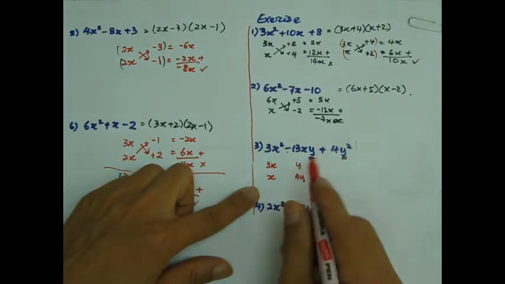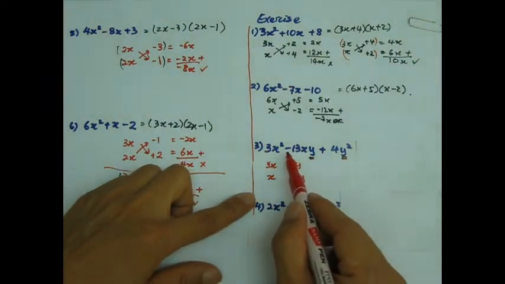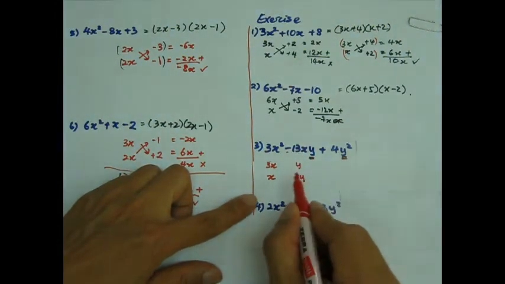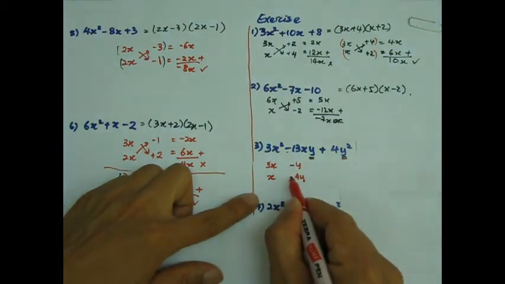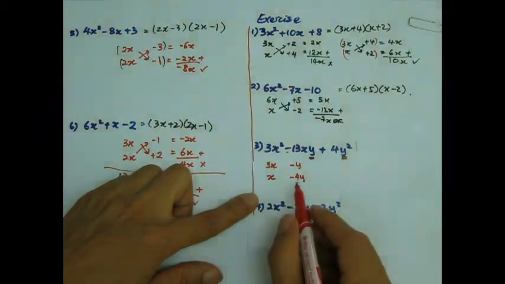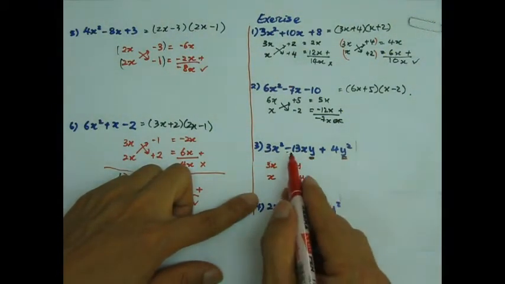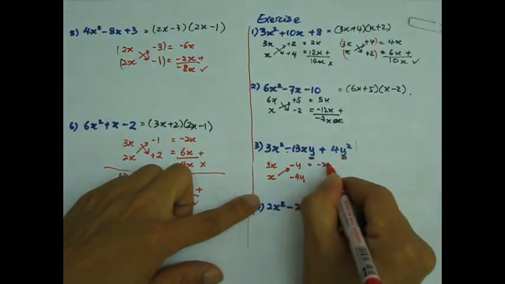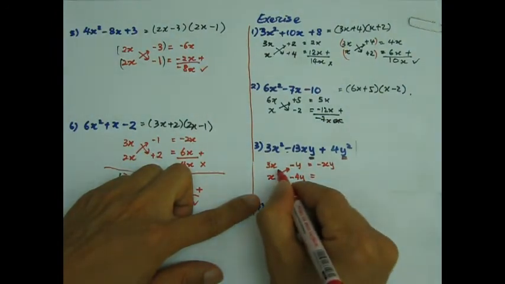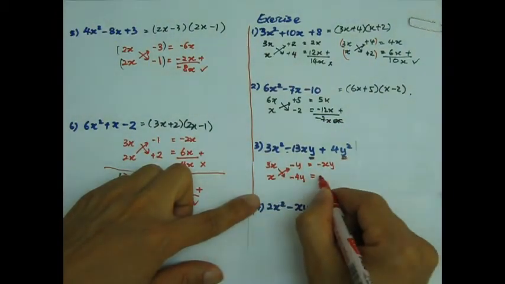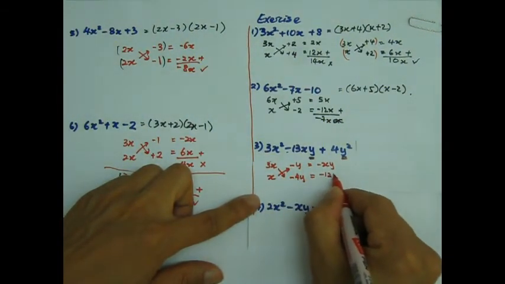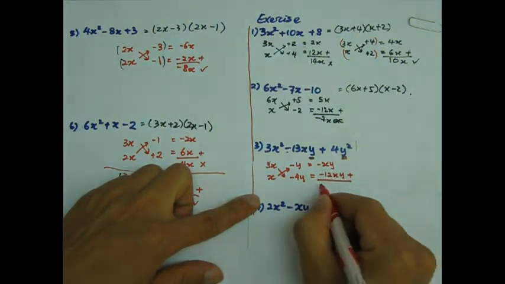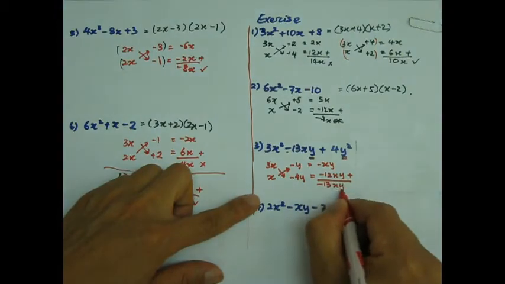But because the middle term, the sign of the coefficient of xy, is negative, I have to put a negative here and negative here. Otherwise, after I multiply and add them together, they will not get a negative sign. So x times negative y gives me negative xy, and 3x times negative 4y gives me negative 12xy. When I add them together, that is exactly minus 13xy.